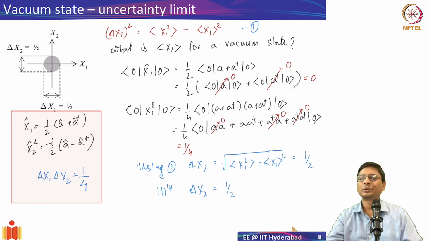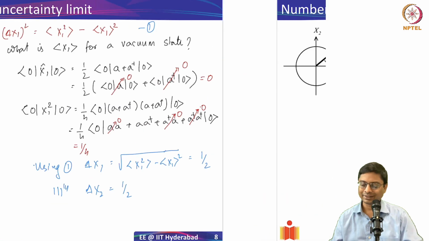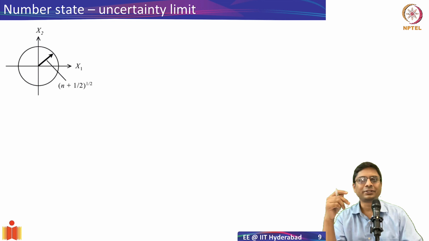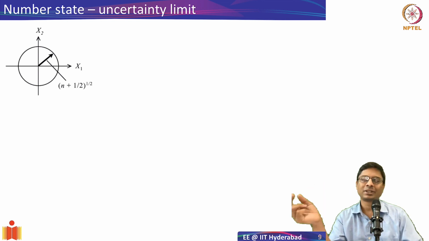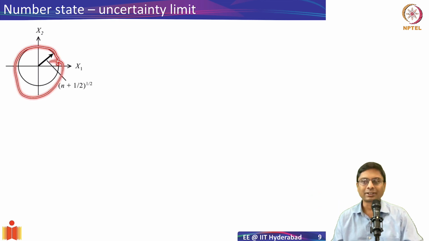Let's try to do it for the photon number state. Okay. So, the photon number state we already defined phenomenologically. We said that there is this number phase uncertainty. If my number uncertainty becomes very small, then the phase is completely uncertain. So, I'll represent it by a circle like this.